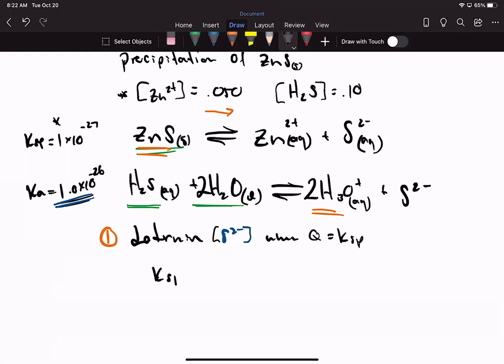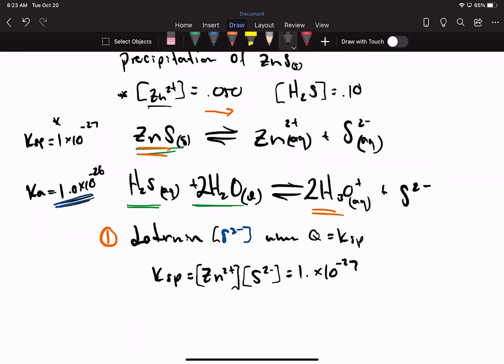So our KSP is equal to the zinc 2 plus times the sulfide, right? We don't use the solid, so we don't have to put it over anything, and this is equal to 1 times 10 to the minus 27.